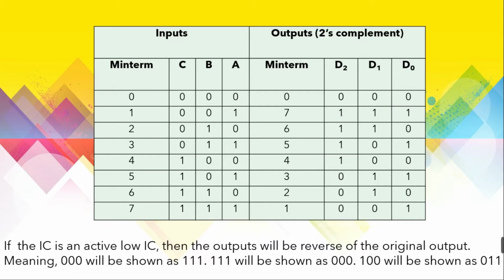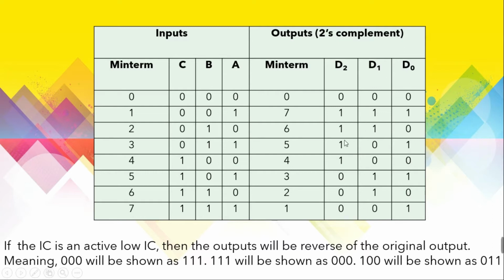For another example, if I say that the output is 1 0 0, then for the active low IC, the output will be shown as 0 1 1. So basically what an active low IC is doing is that it is reversing the original output. It is giving us the inverse of the original output.